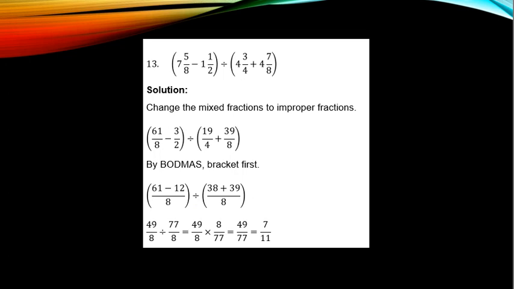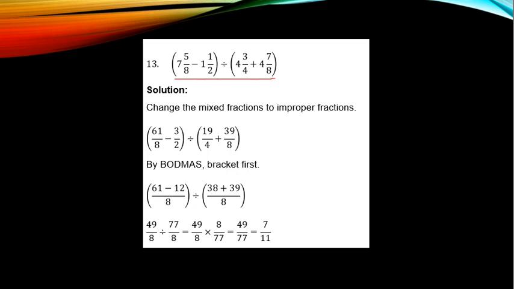Example 13. So look at this fraction: 7 whole number 5/8 minus 1 whole number 1/2 divide by bracket open 4 whole number 3/4 plus 4 whole number 7/8.